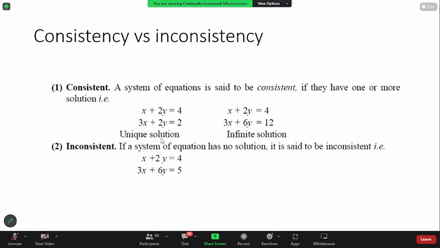So let's consider these two equations, right? x plus 2y equals 4, 3x plus 2y equals 2. So now students, tell me what is x and what is y. What is x and what is y?